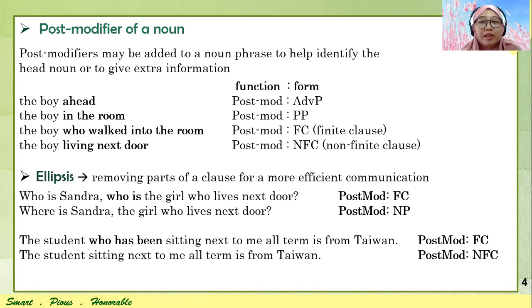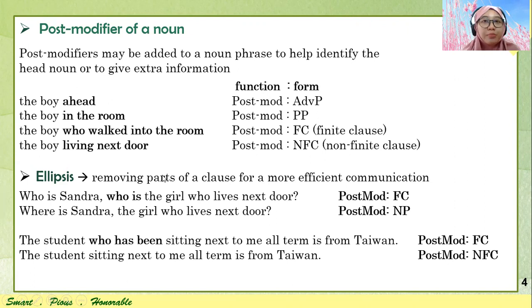Jadi nggak mungkin kita dalam berkomunikasi pengennya yang panjang-panjang terus, tapi kita selalu tend to be more efficient ya. Bagaimana caranya dalam komunikasi itu bisa singkat, padat, jelas. Nah, seperti itu. So in English, they tend to remove parts.